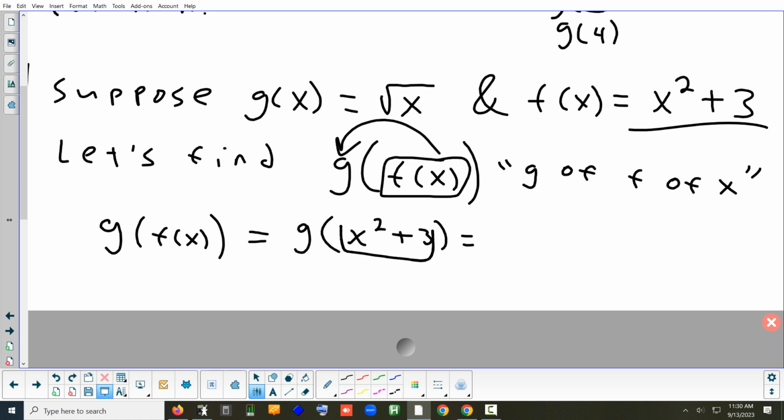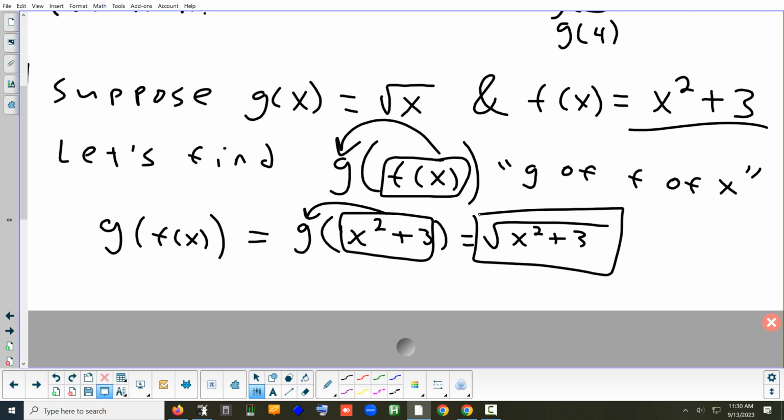So take this and fill it in for the variable in g. If you did that, what would you get? The square root of x squared plus 3. Yep. And remember that square and square root don't cancel. We talked a little bit about something different earlier, the plus sign messing up that kind of thing. Well, it messes that up here too. So you cannot simplify that any more than it is.